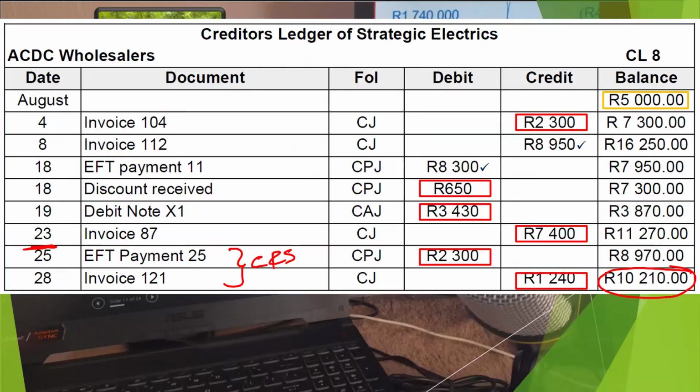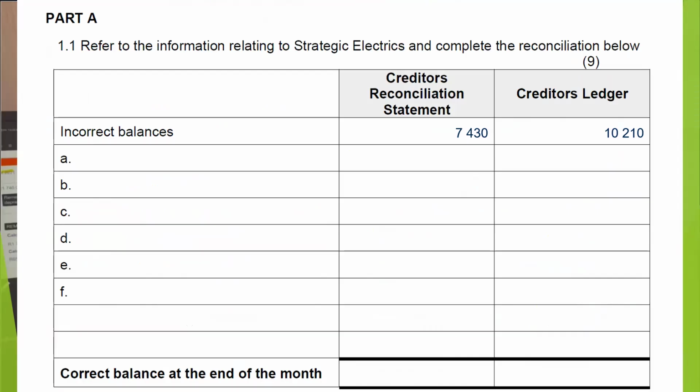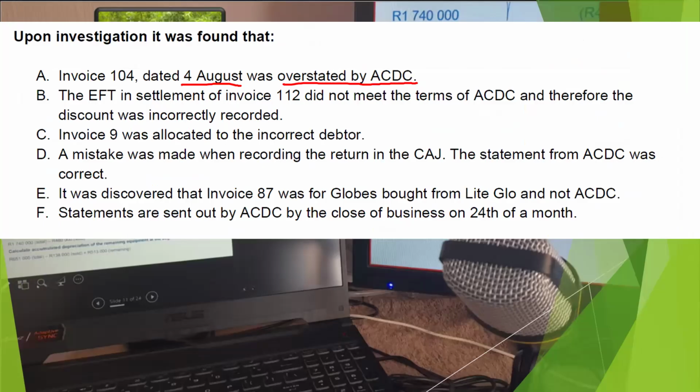So this is them, and this is us. According to this first investigation that was found, that invoice was overstated by them, not us.